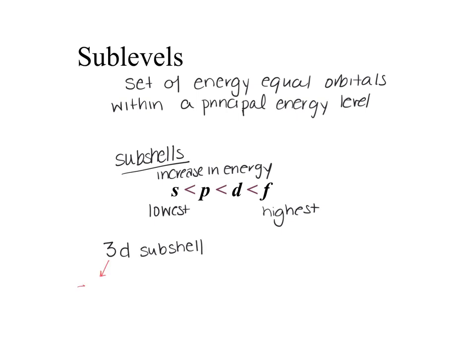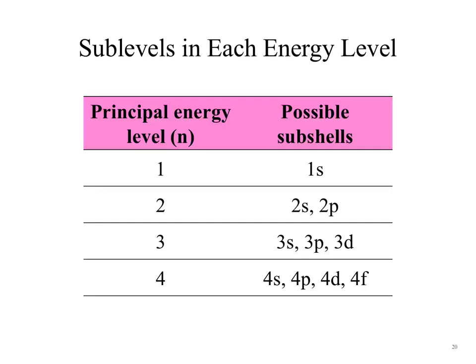So that's the energy level. And then what the subshell, that D subshell, really tells us is the shape. Okay, so let's look a little bit more at energy levels and subshells. And I have a summary here for you because I know this can get really overwhelming.